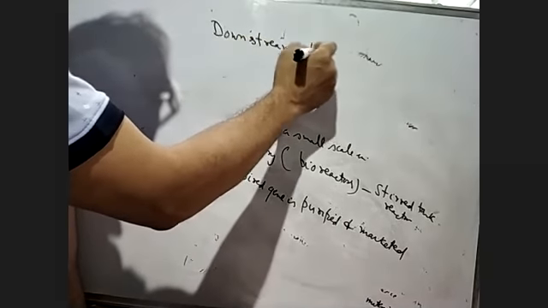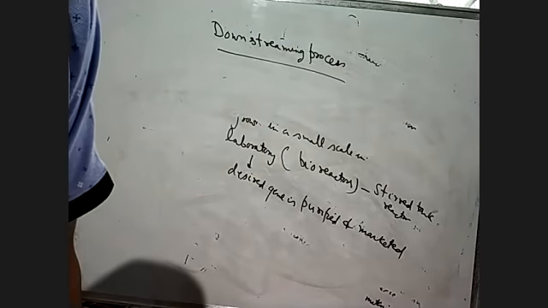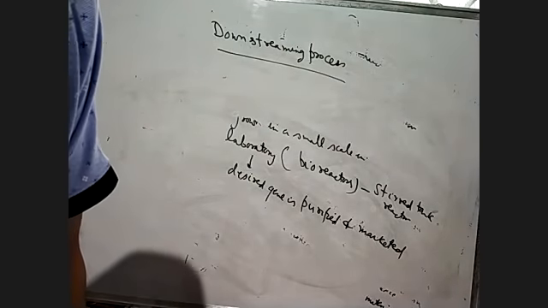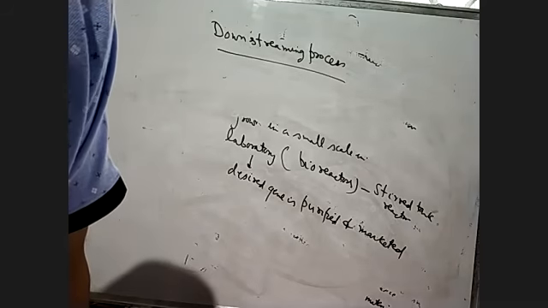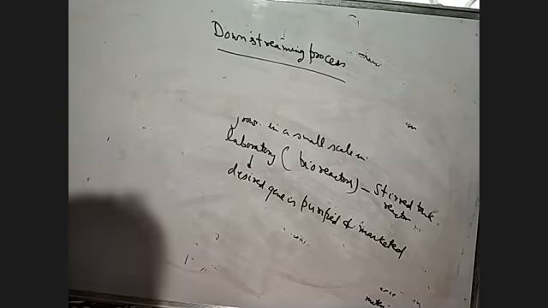Downstream process: after completion of the biosynthetic stage, the product has to be subjected to a series of processes before it is ready for marketing. The process includes separation and purification.